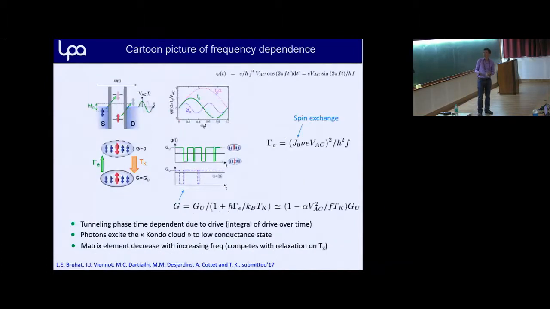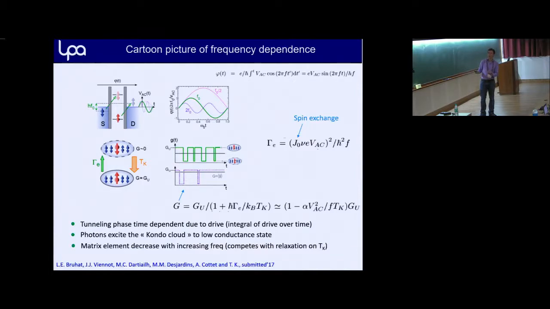And here is the picture. Here is the setup. Now we have an AC drive, and since it is acting on the bias, it can be related to a time-dependent phase, which dresses the wave function of the excitations when they go from the left to the right.